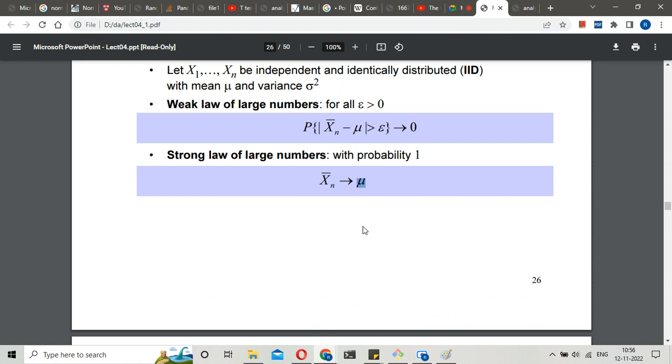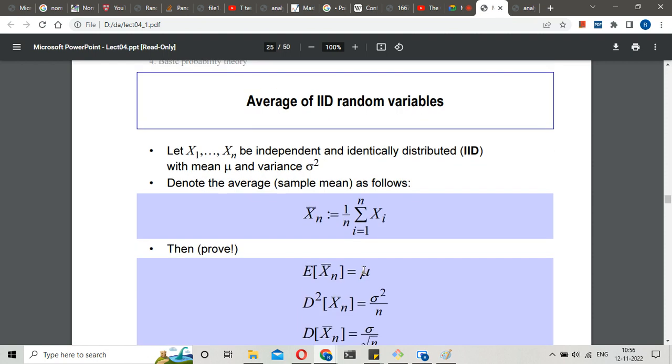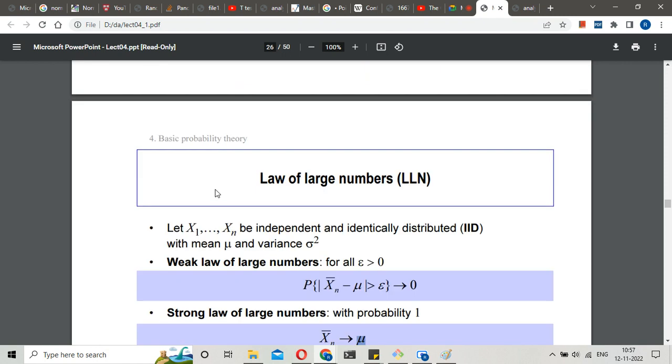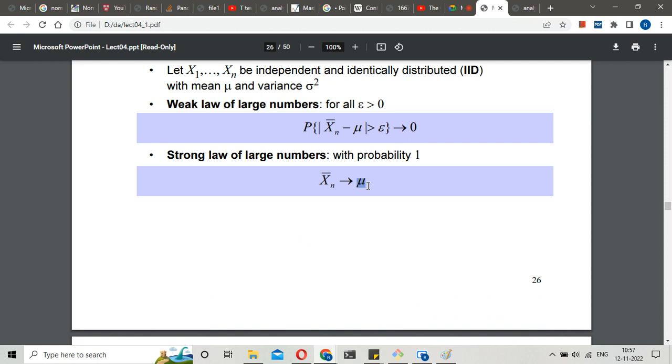Both means will be the same. The idea is that as n increases slowly, with 100% probability, the mean of all these random variables will be the same as mu.